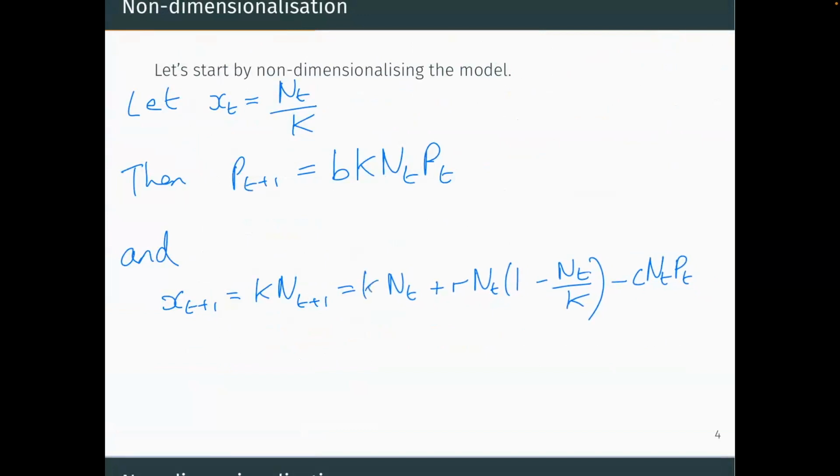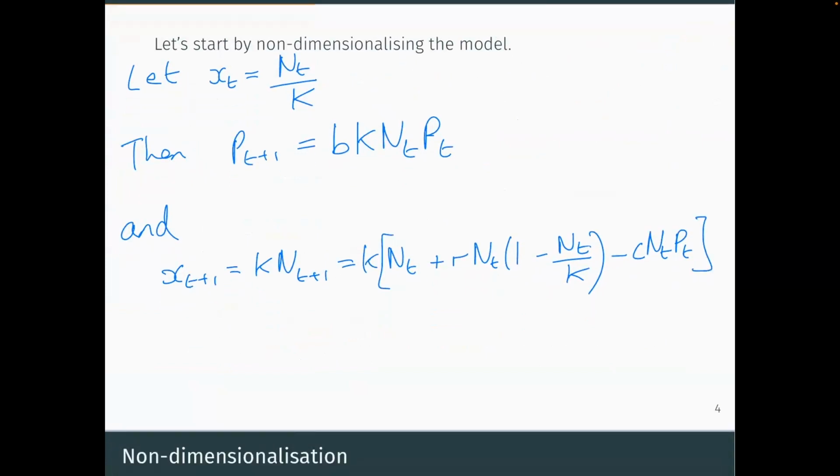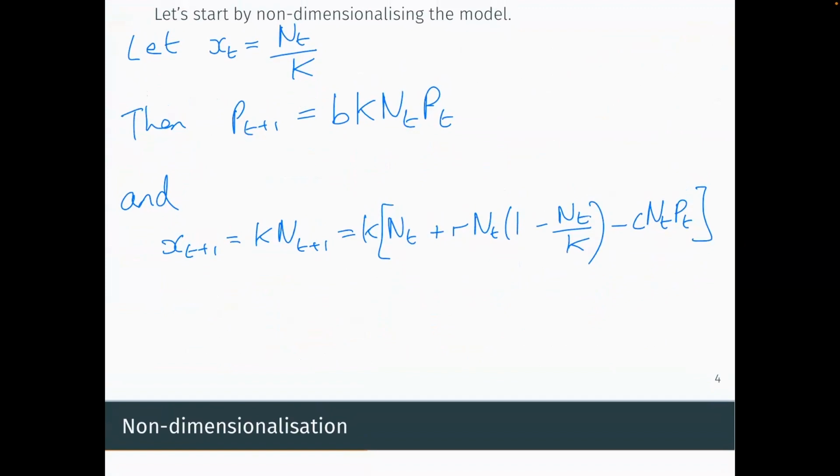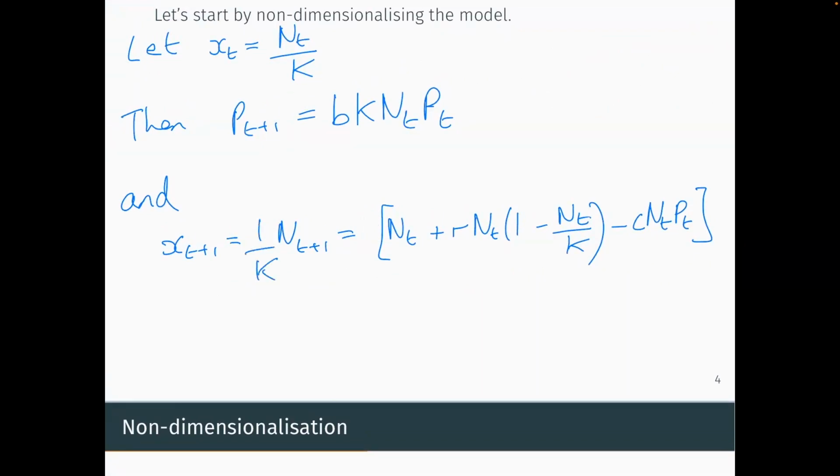And we're going to have k times this. Okay, oh, sorry, I've made a mistake. This shouldn't be times k, this should be dividing by k. x t plus 1 is equal to n t plus 1 over k. So we should have a 1 over k. Sorry about that.